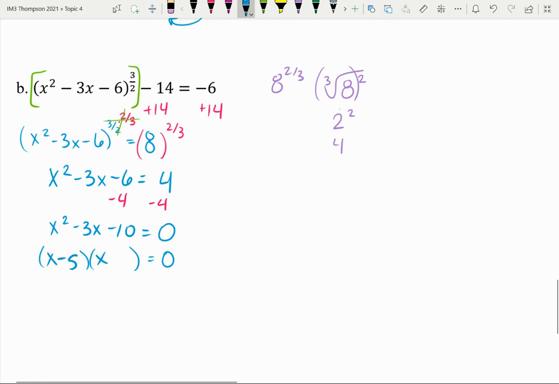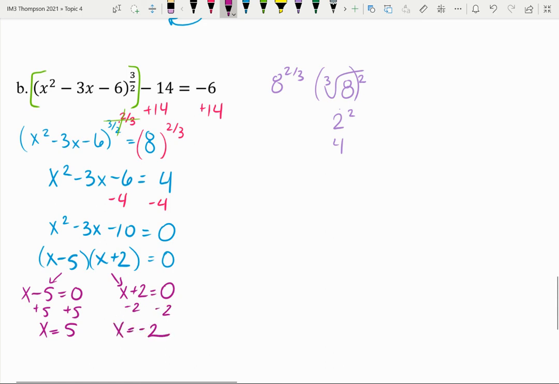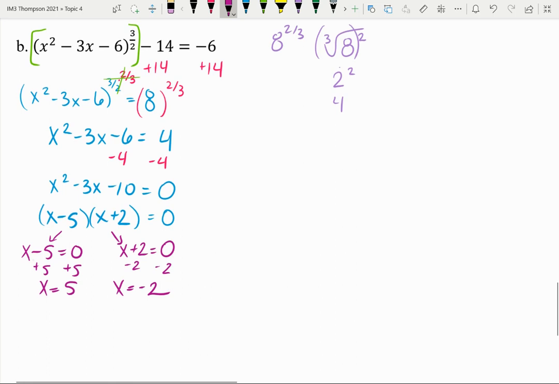This will factor to x minus 5 times x plus 2. And I'm going to plug those in.